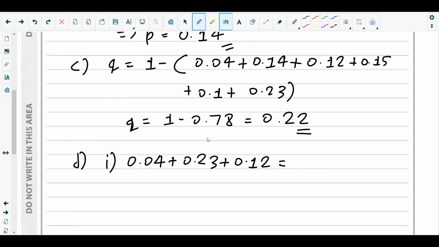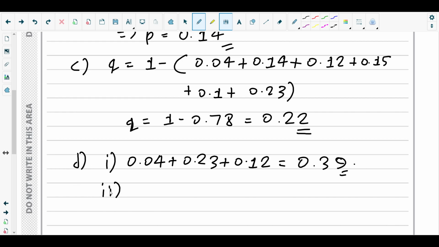What would be the total? 0.04 plus 0.12 is 0.16, so the total is 0.39. That's the answer for part 1 of question D.